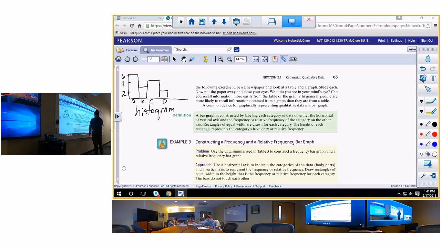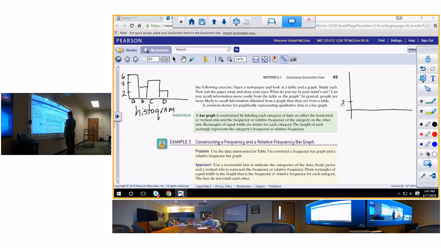And then over here you've got a bar chart: 2, 4, 6, and A, B, C, D, with 6 here, 3 here, 4 here, and 2 here.